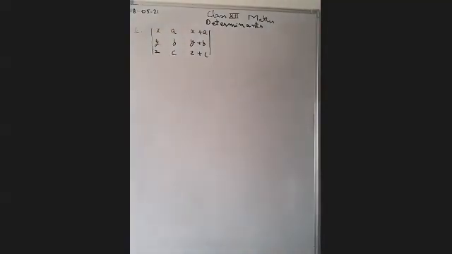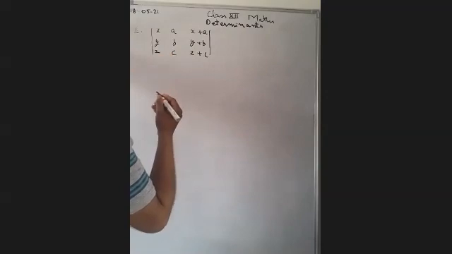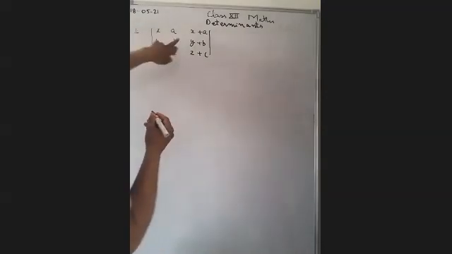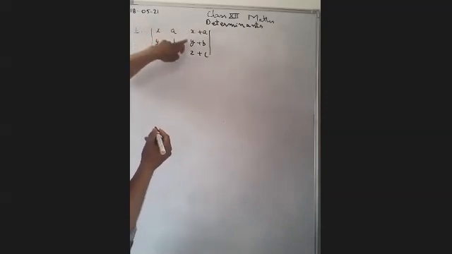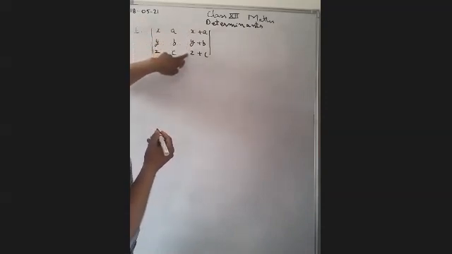So what property should we use? We know that we can add any row to any row, or any column to any column. We want to make the XYZ here, and here the XYZ is also there.